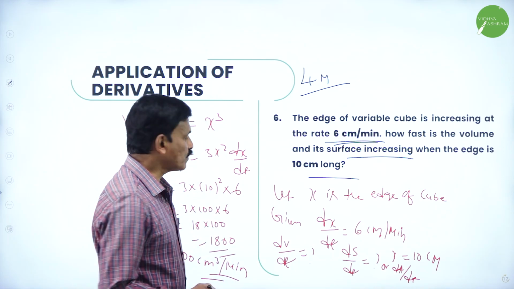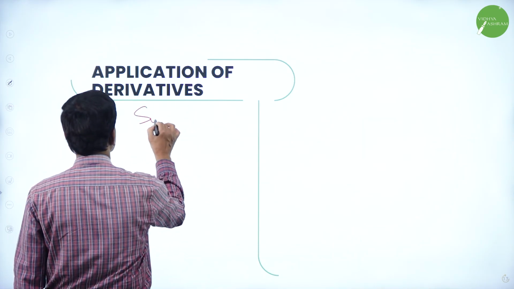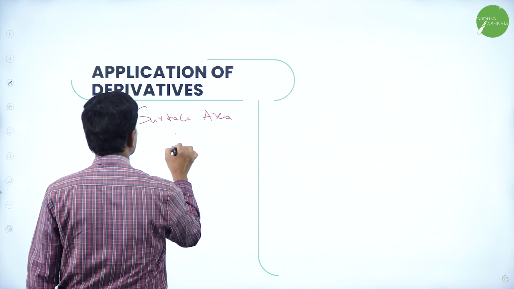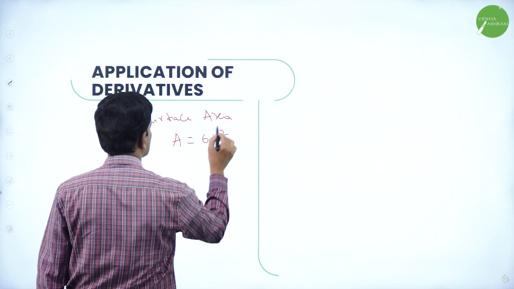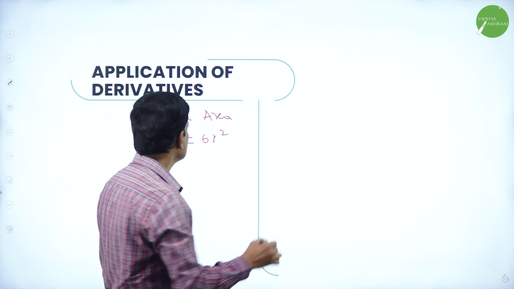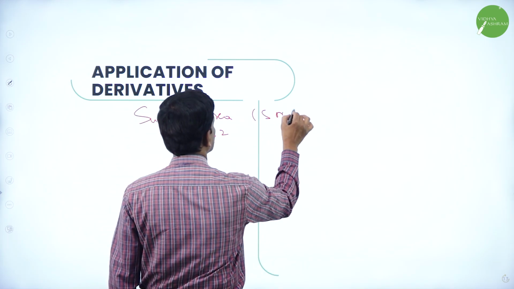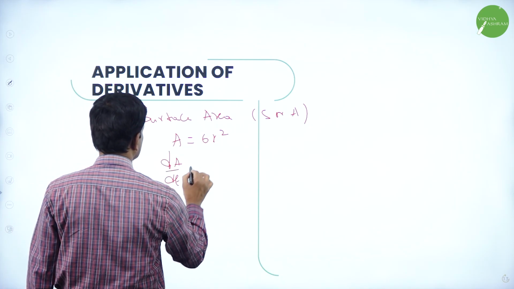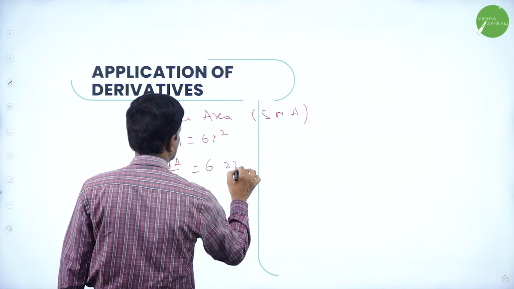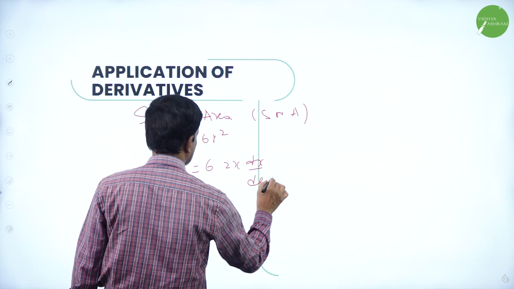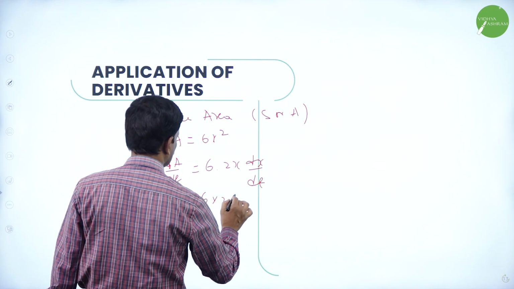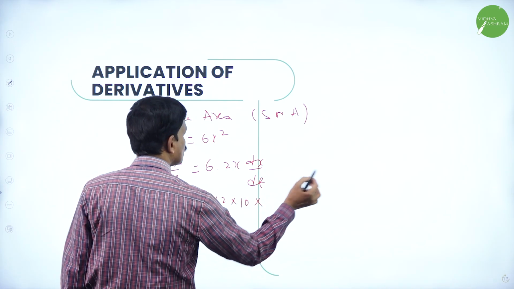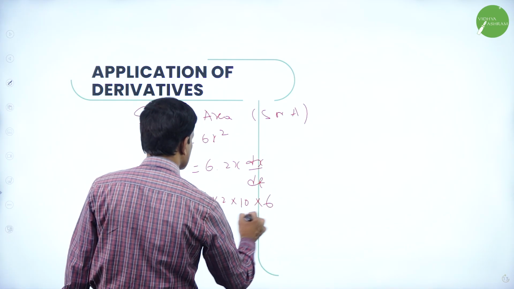Right. Now surface area. S or A is equal to 6 times x square. Now differentiate this. dA by dt is equal to 6 into 2x dx by dt. 6 into 2 into x, which is 10, and dx by dt is equal to 6.